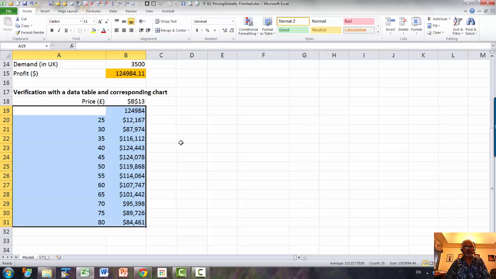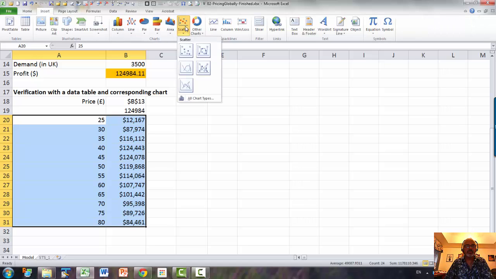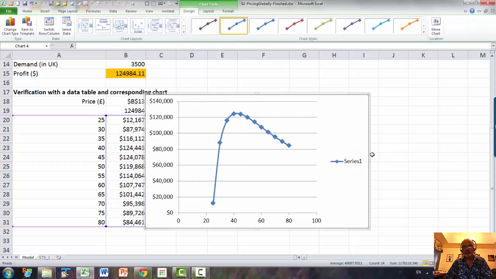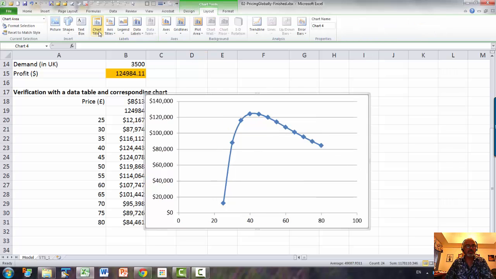Okay, now let's plot the profit on the y-axis and price on the x-axis. So since the y-axis values are to the right, you can highlight both x and the y columns and go to scatter plot. We don't need a legend. And now let's give titles.